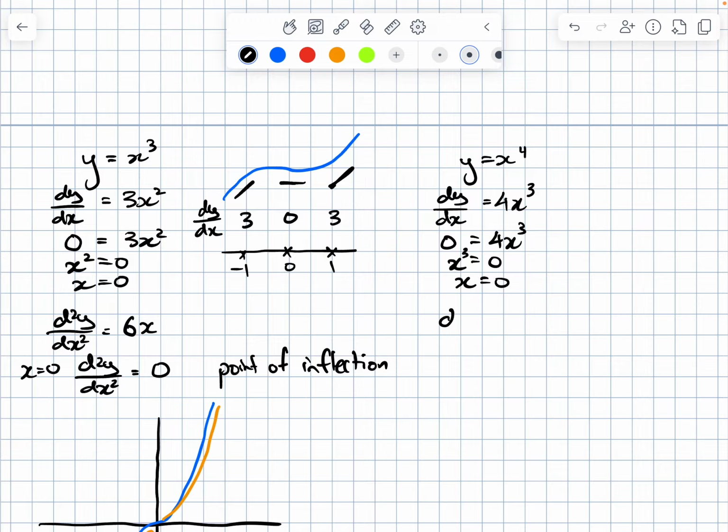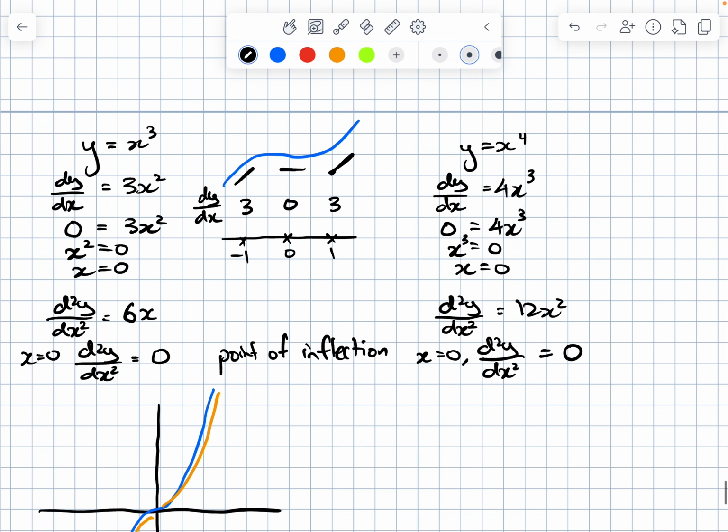Find the second derivative to classify: 12x squared. When x equals 0, the second derivative is 12 times 0, which is 0. So far we have the exact same results in both of these, and so this is sort of applying to a point of inflection. But let's just check the gradient method as well.